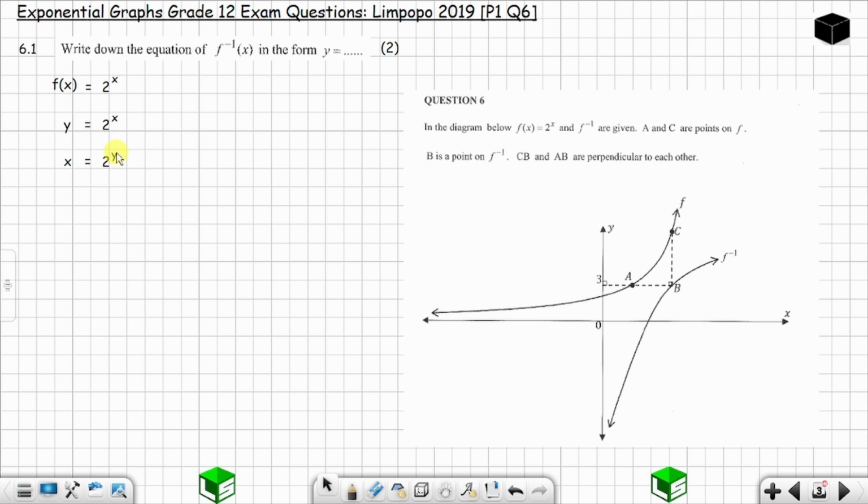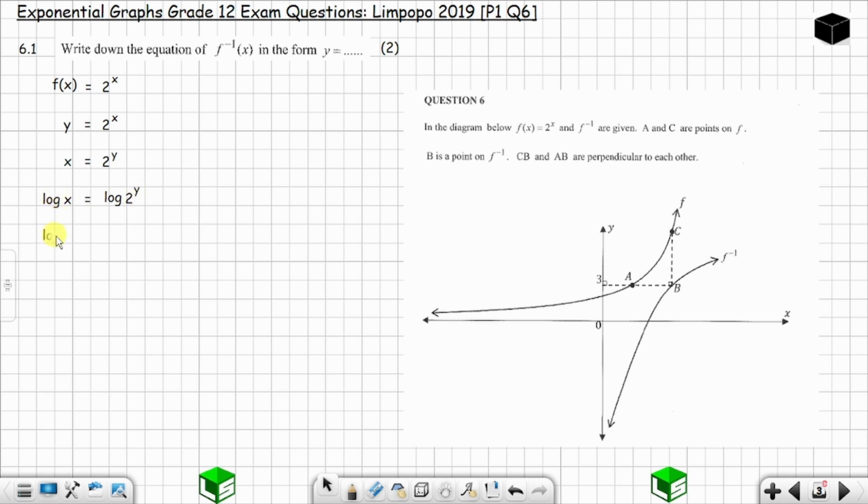You can see y is in the exponent, so you have to introduce log on both sides of the equal sign. So you have log of x on the left is equal to log of 2 to the power of y on the right.